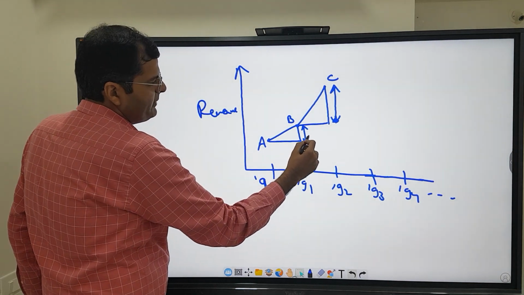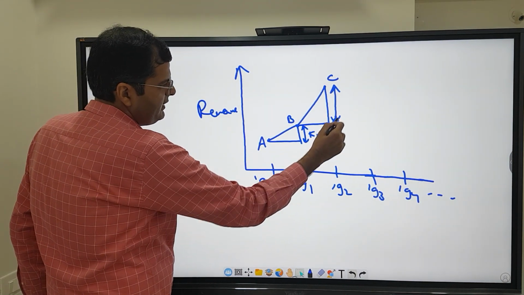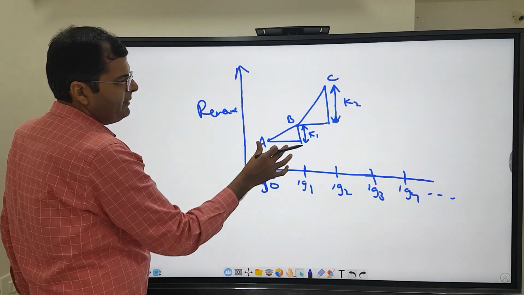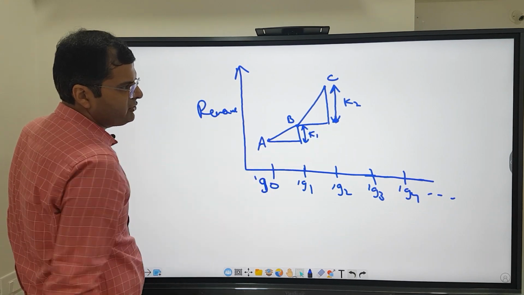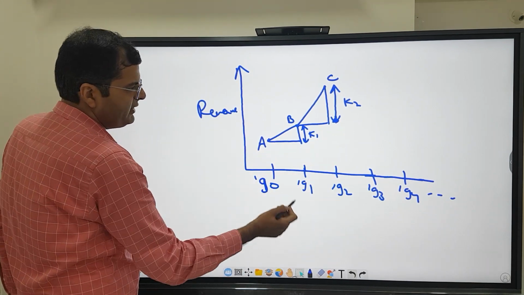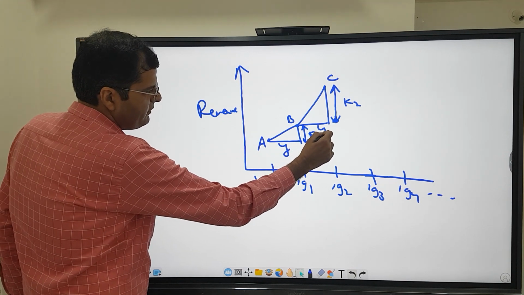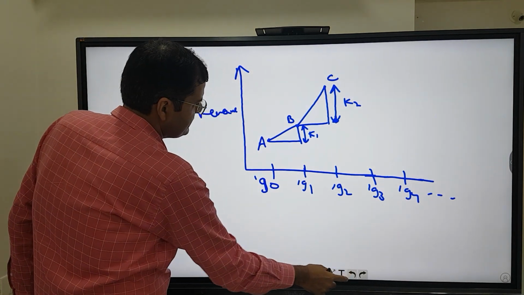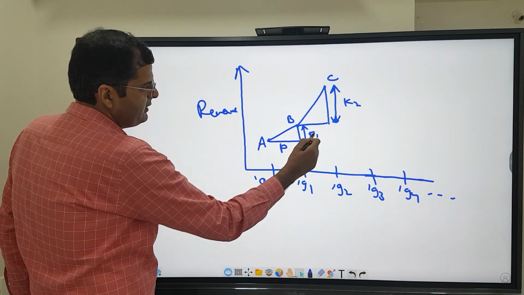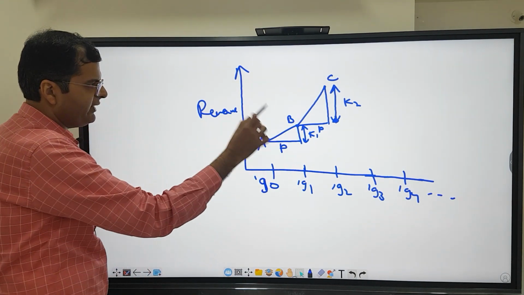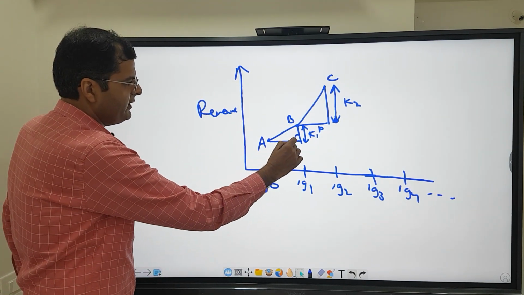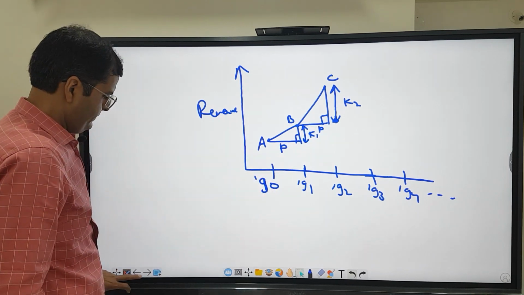Let me call this K1 and this K2. Keep in mind this horizontal distance is the same because these are number of years. If this is P, then this is also P in this right angle triangle and this right angle triangle. This is 90 degree and this is 90 degree.